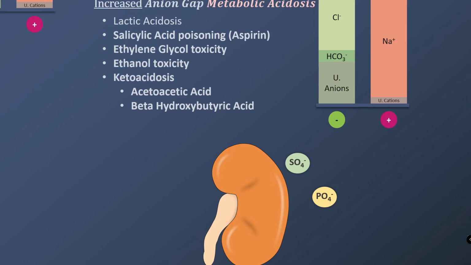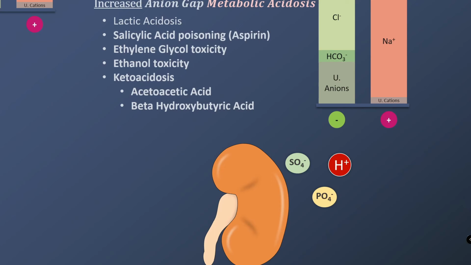Along with that, our cells are continuously producing acid, continuously producing protons. There are different types of acids that we are producing, but one main type of acid is carbon dioxide.